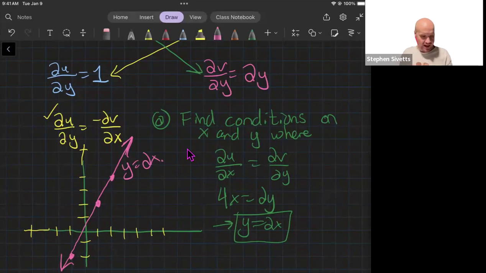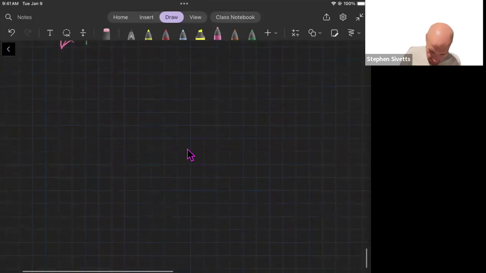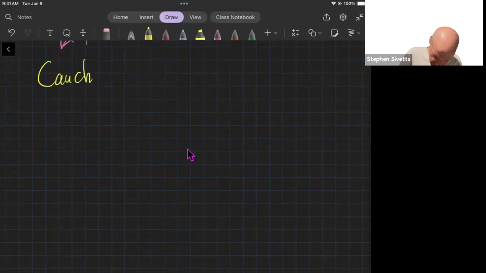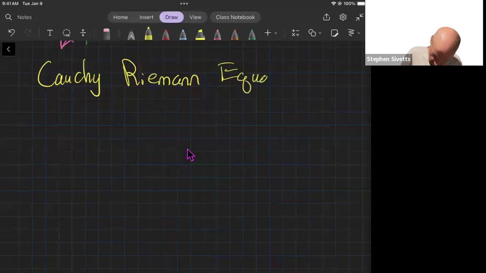Okay, so the last portion I want to talk about, I don't want to give away any spoilers for this problem because you're going to work on it on your own. There are Cauchy-Riemann equations in polar coordinates, and I left this as an exercise.